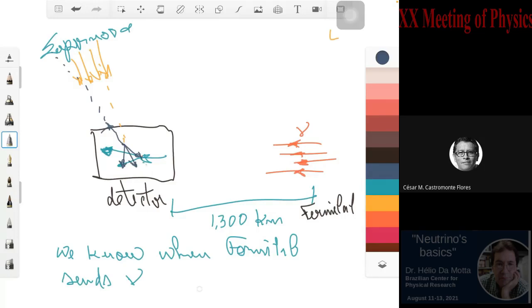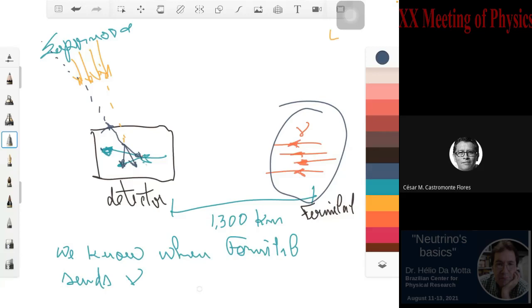So basically, we know if the event coincides with the time that the lab is sending the neutrino beam, and the direction. We reconstruct the direction, you know it's coming from up there in space, from a supernova, from wherever. So this is not really hard to know because of the direction and time, let alone the energy also, right? When you reconstruct the event here, remember, energy is something that is conserved.